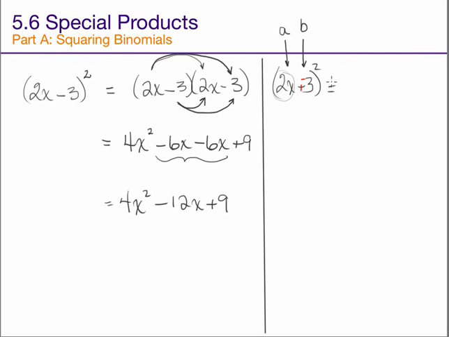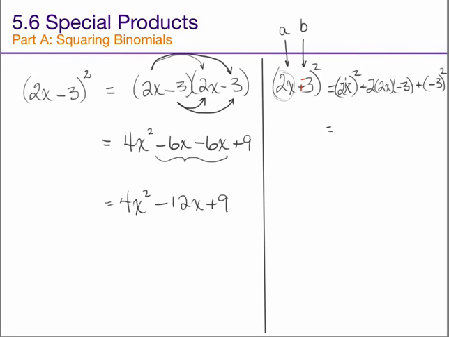A plus b squared is a squared plus 2 times a times b plus b squared. But a was 2x. And b is negative 3.